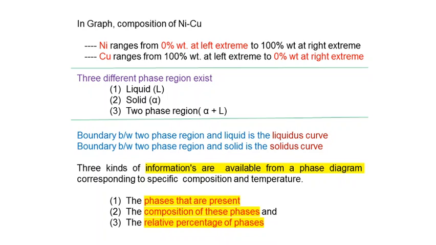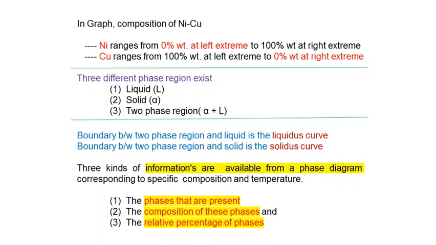By number of phases we can identify whether it is the solid phase, liquid phase, or liquid plus solid phase. That is what refers to the number of phases. The composition of the phase represents, if you are considering one phase, how much copper is present and how much nickel is present in that phase.